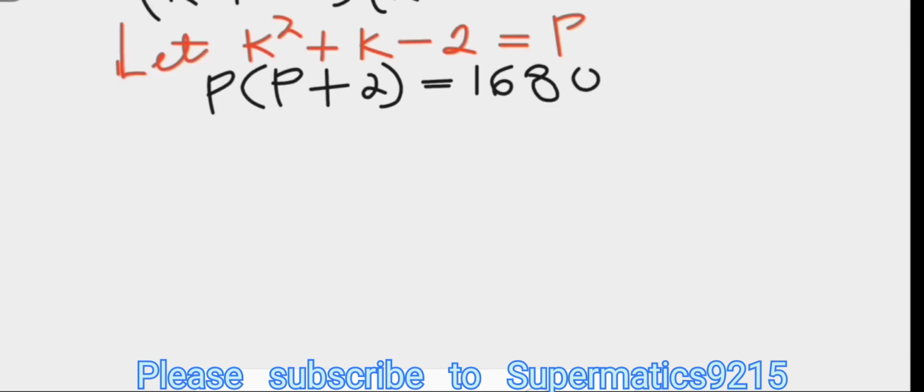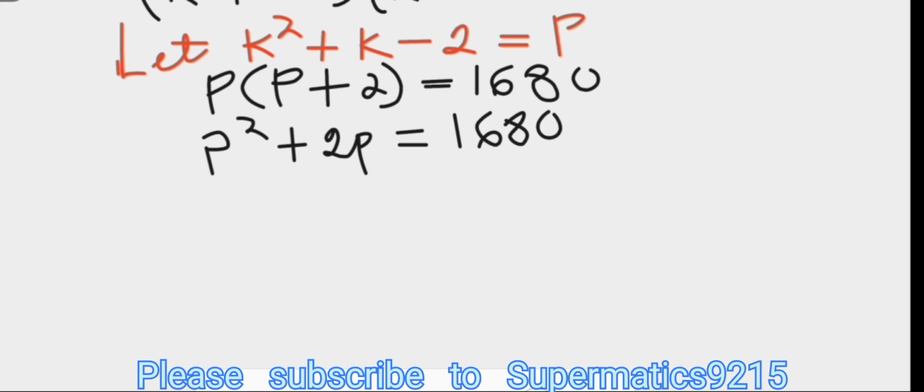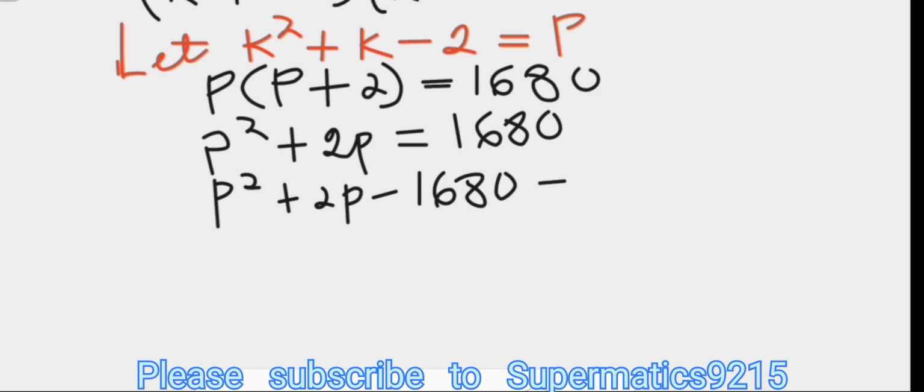We have now successfully transformed the variable to p. So we open this bracket and simplify to give p squared plus 2p equals 1680. Then rearranging, now that we have reduced from quadratic equation to quadratic equation by the transformation, we have p squared plus 2p minus 1680 equals 0.